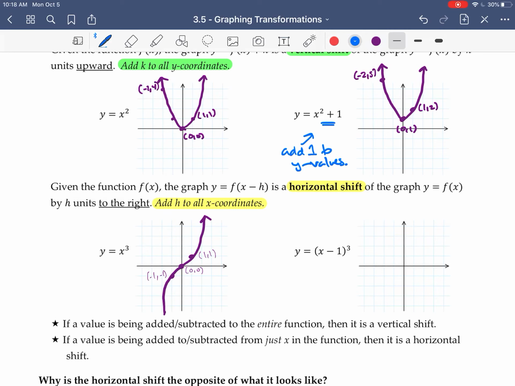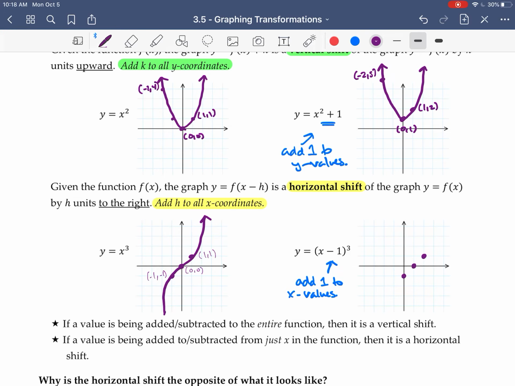Now what we're doing here is we're going to add 1 to all the x values. So instead of being at 0, 0, it's going to be at 1, 0. Instead of 1, 1, we're going to be at 2, 1.